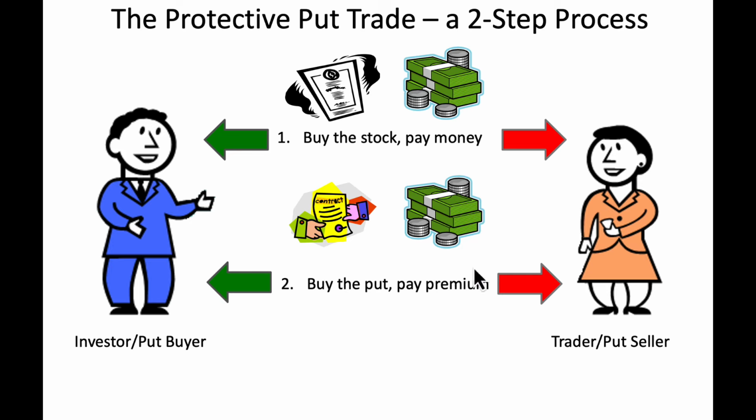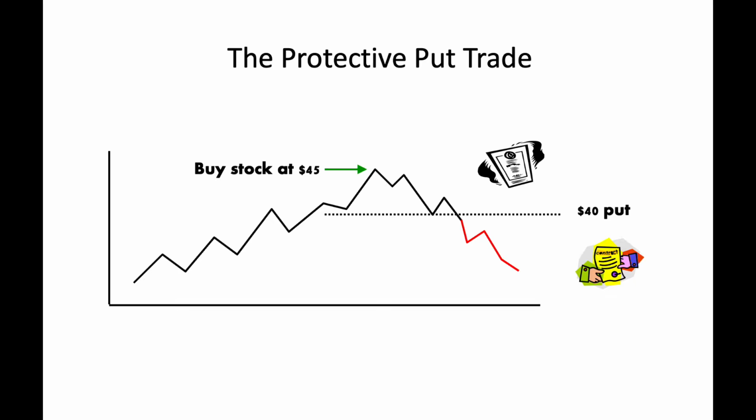Remember, you're also paying for the insurance. So if you want to look at the cost basis, you're going to take the cost of that option and add that premium to the underlying cost basis of your stock. Here's what it would look like. All right, let's say you buy the stock at $45 and you buy an insurance policy or equivalent to an insurance policy that's giving you a face value of $40.